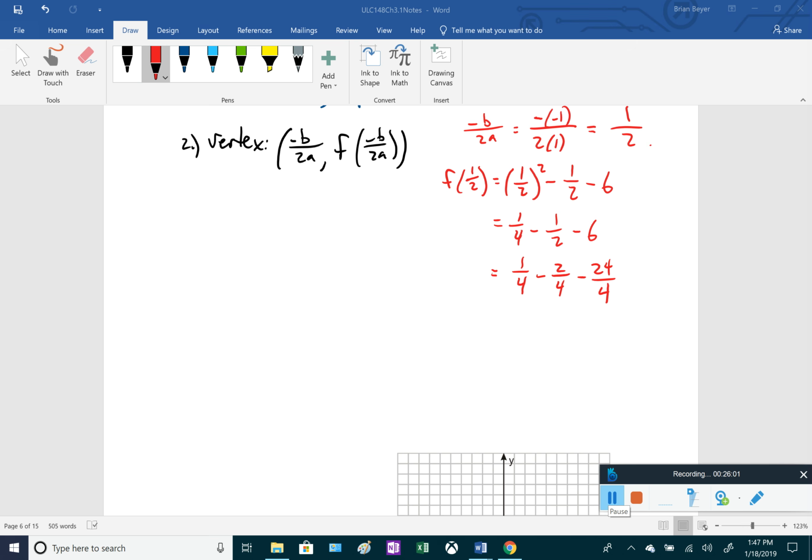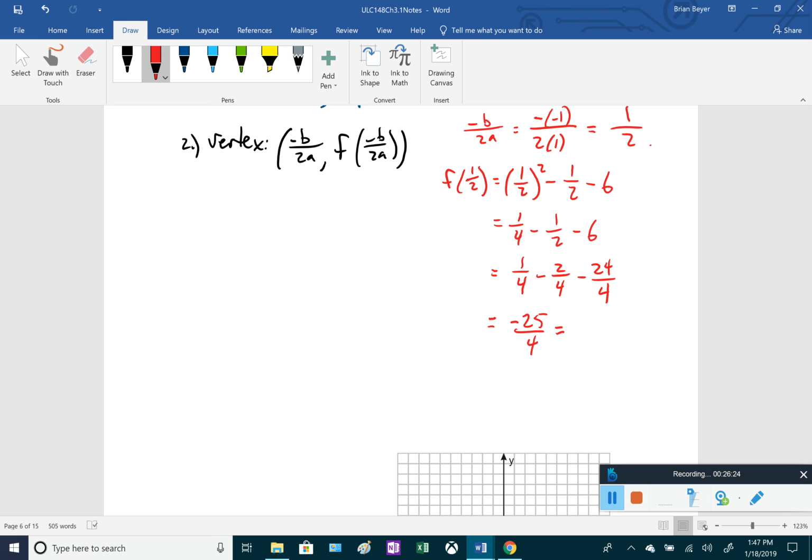Okay, so just got common denominators. So 1 minus 2 is -1. -1 minus 24 is -25. So -25 over 4. You can write this as a mixed number if you want, or use your calculator.